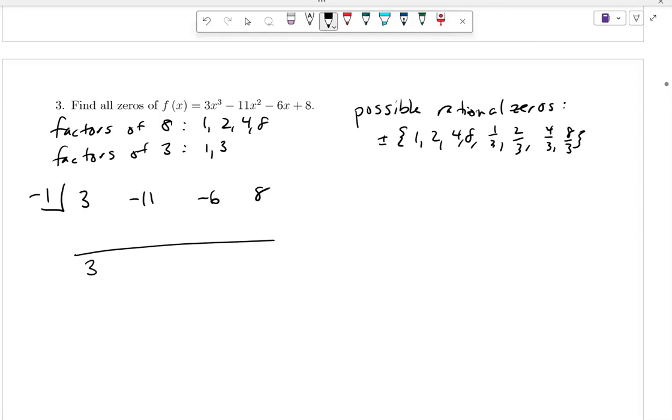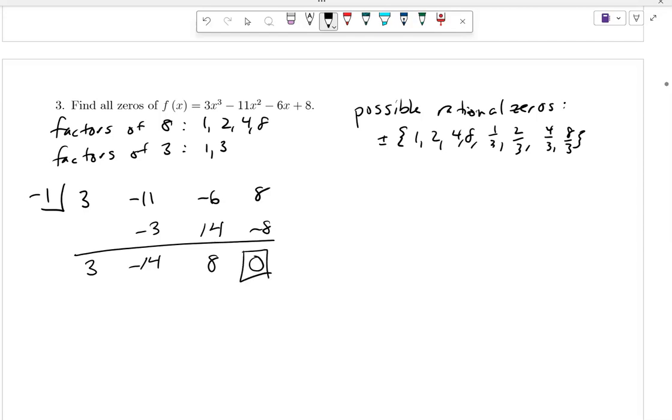Bring down your 3, multiply, we get negative 3, add, we get negative 14, multiply. Positive 14, right? What happens when we add now? 8, multiply, negative 8, add, we get 0. So did that work?